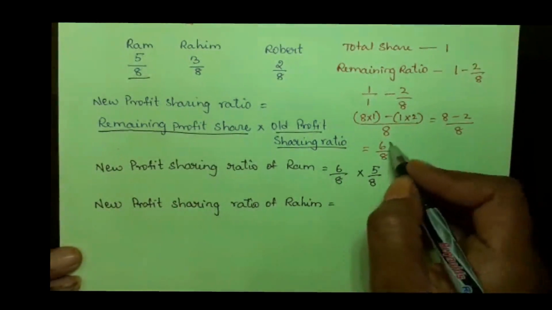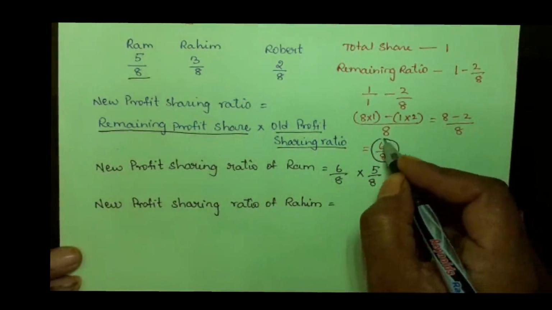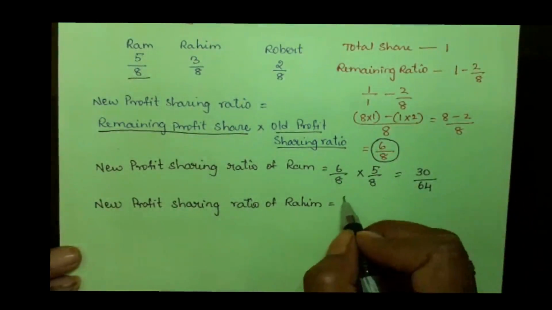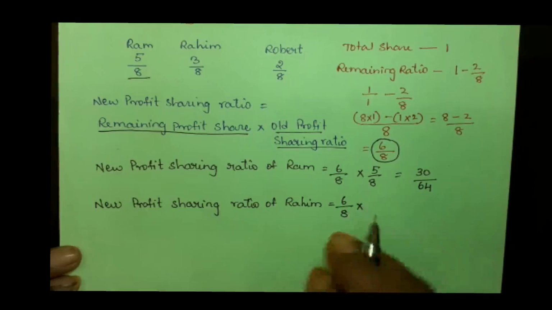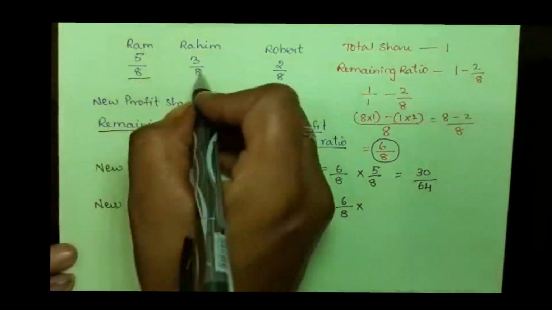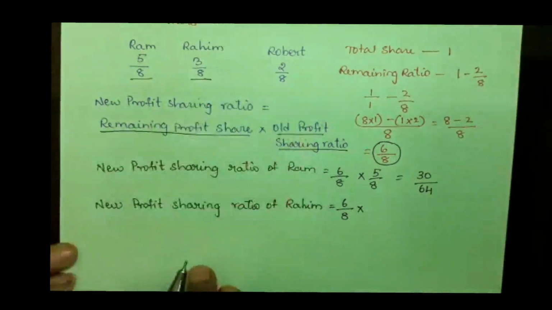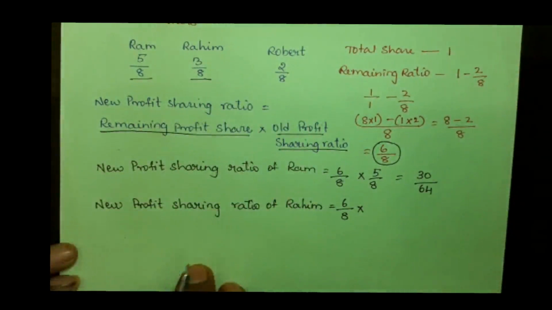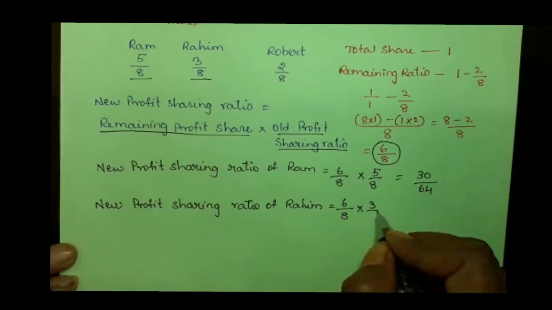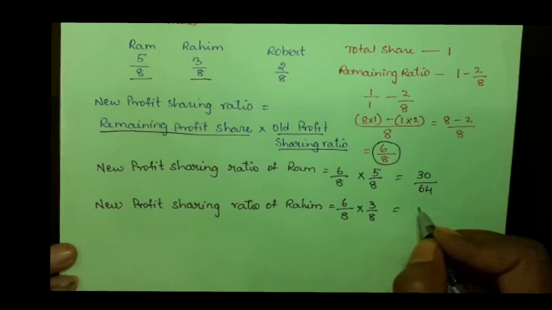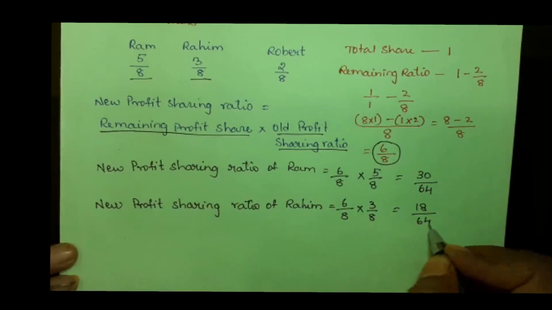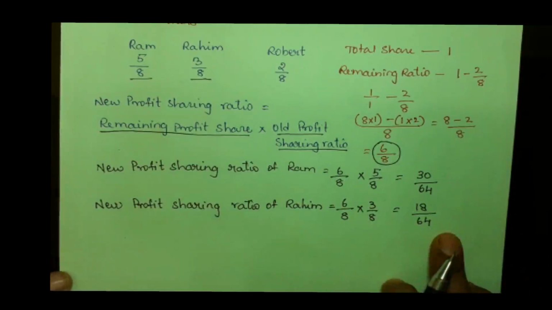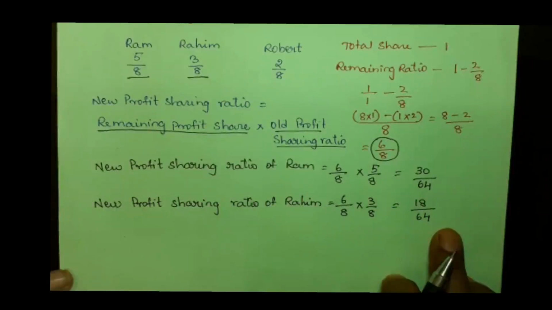It is 6 by 8. So 6 by 8 into what is Rahim's old profit sharing ratio? It is 3 by 8. So 6 3s are 18 divided by 8 8s are 64. So 18 by 64 is the new profit sharing ratio of Rahim.